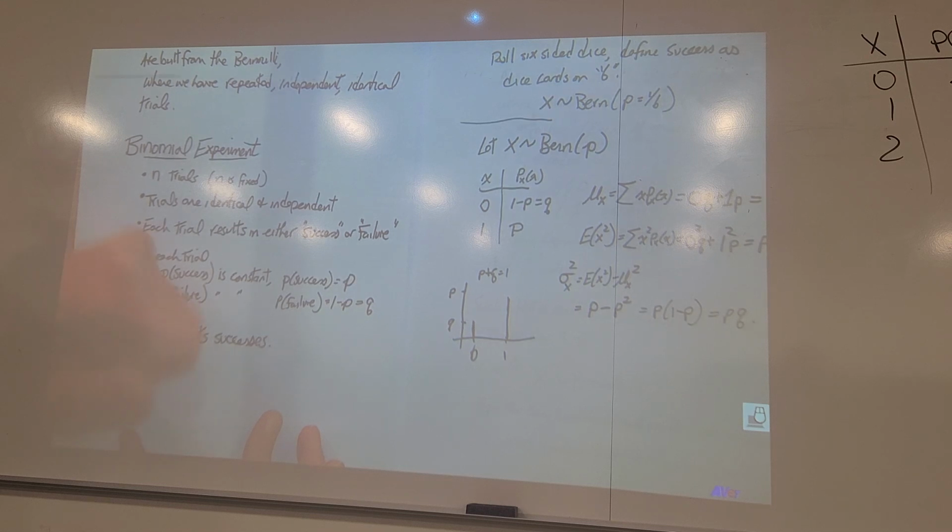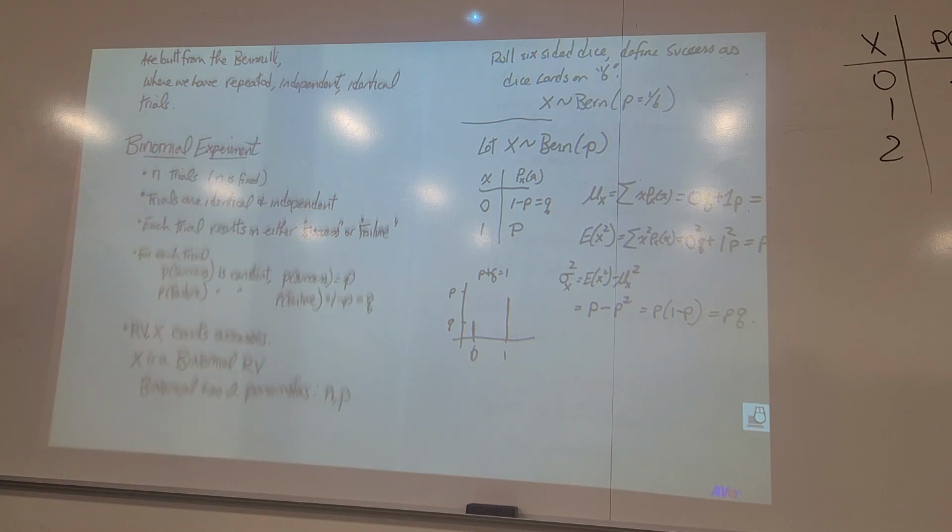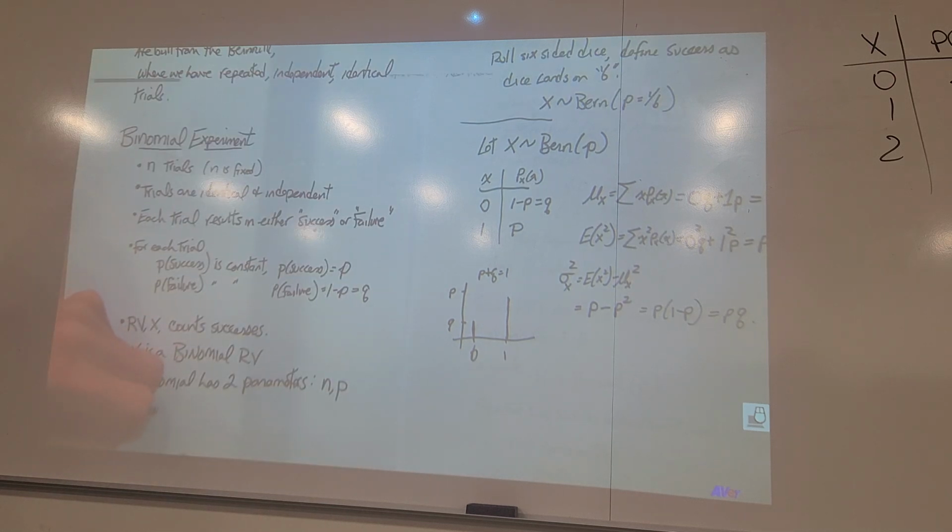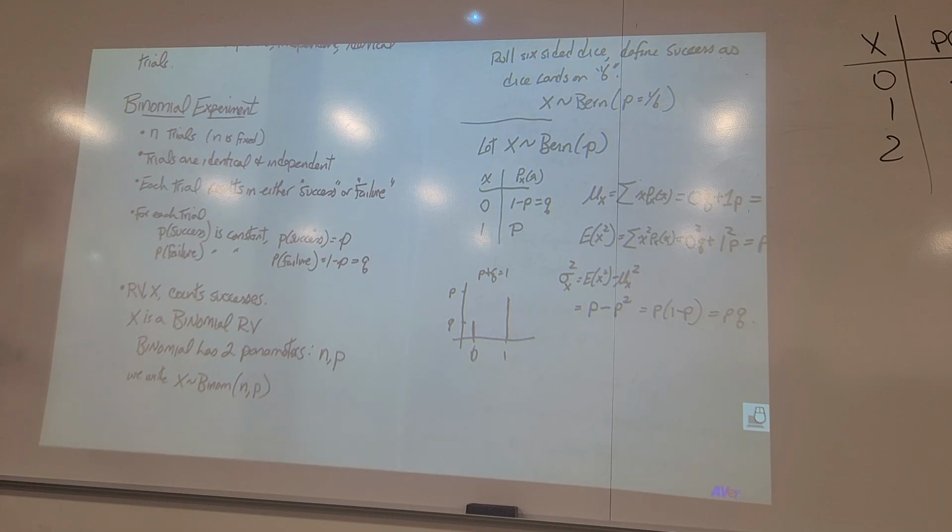X is a binomial random variable, and a binomial has 2 parameters, namely n and p. So we might write X is binomial with parameters n and p. That tilde means has the distribution.